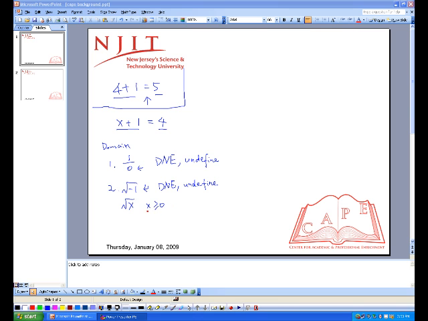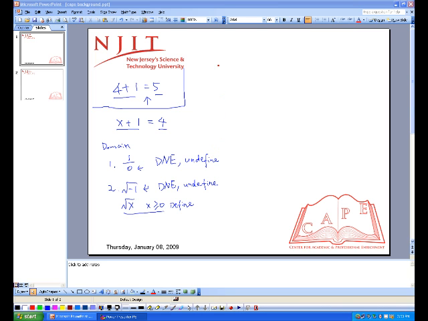This is when it's defined. Now we know the two cases in which an expression is undefined. One is the denominator is 0, and the other is when you have a square root of a negative number.